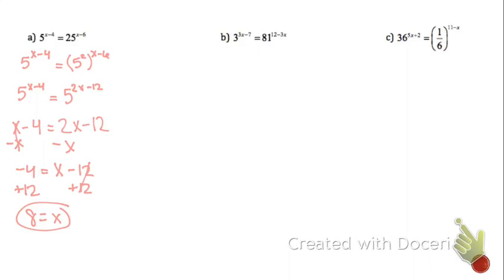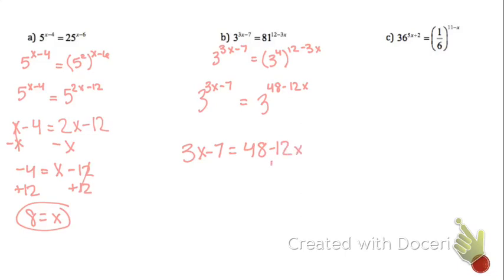All right, this second one, we're doing the same thing. I know that I can simplify down that 81. I know that 3 to the 4th power is also the same thing as 81. So I'm just going to rewrite that as 3 to the 4th power to 12 minus 3x. And then I want to distribute that exponent. All right, and now that I have the same base, I want to set my exponents equal to each other. That's my next step.